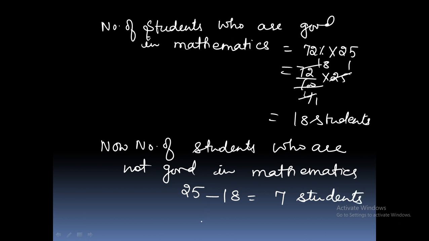And for solving this question, this is one method, and there is another method. In the other method, you calculate the number of students who are not good in mathematics by the subtraction method.